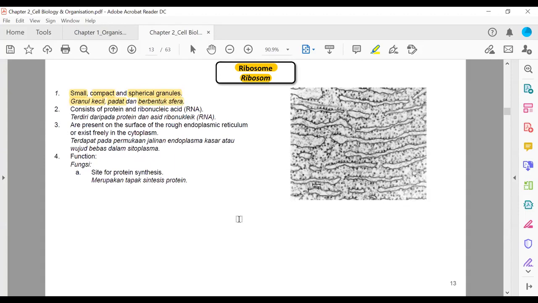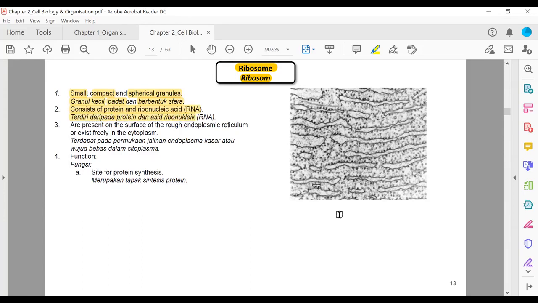Granule bermaksud macam butiran. Okay. So kecil, compact, lepas tu spherical, alright. Consists of protein and ribonucleic acid ataupun RNA.